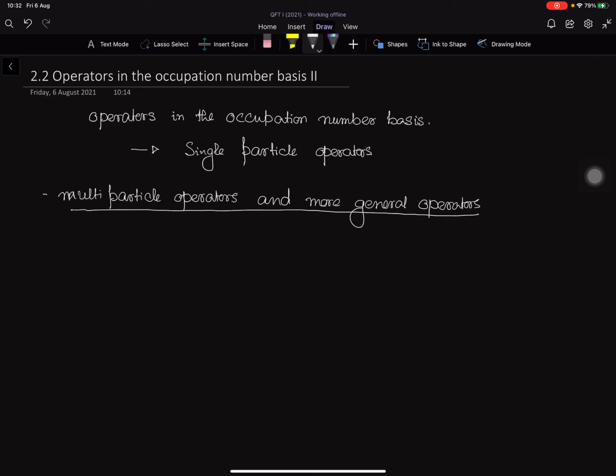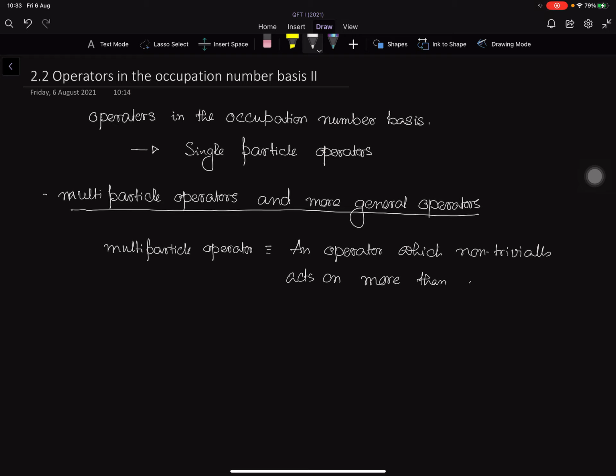So what do I mean by multi-particle operators? Multi-particle operators means an operator which non-trivially acts on more than one particle. I mean, this is usually some sort of an interaction.